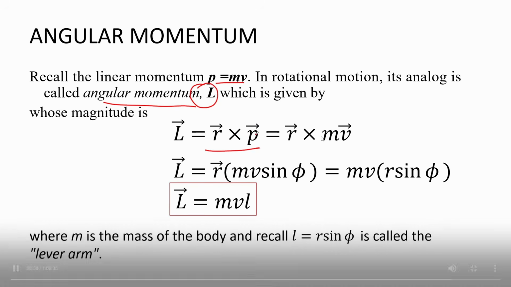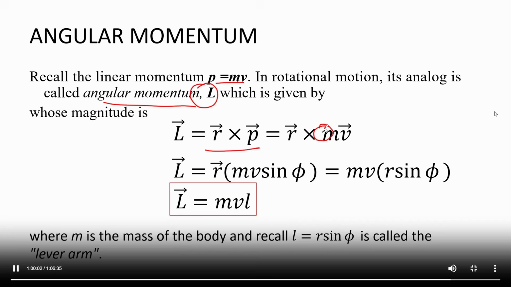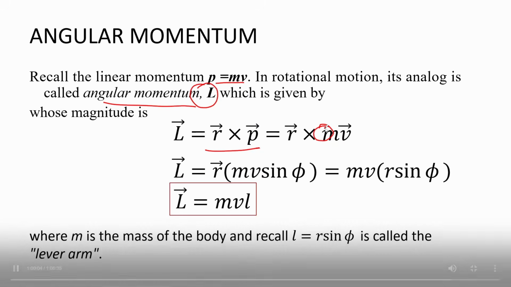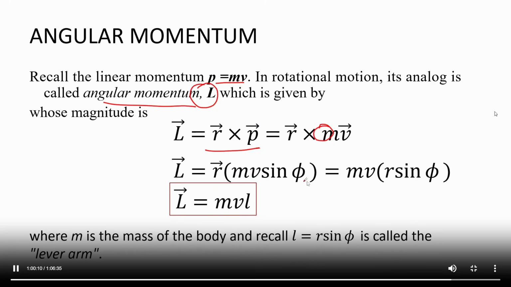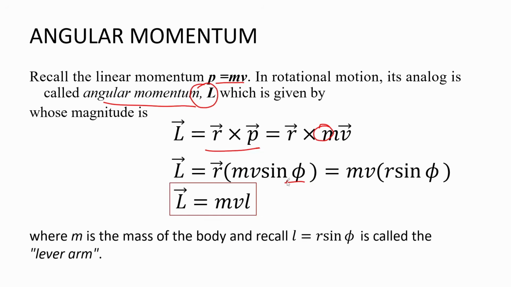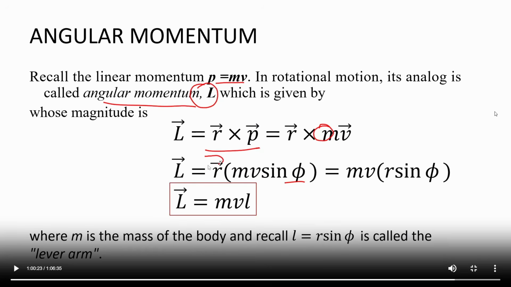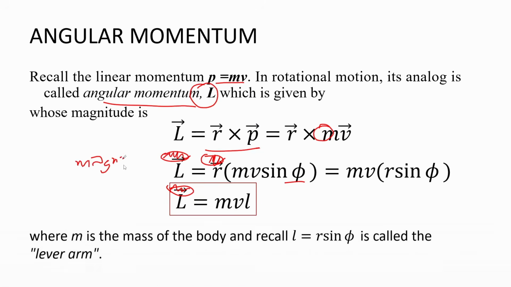We can factor out the m to one side, so it becomes m R cross V. So that is a cross product, so sine phi, where phi is the angle between R and V. And this one should be a scalar, just the magnitude, if you only take the magnitude.